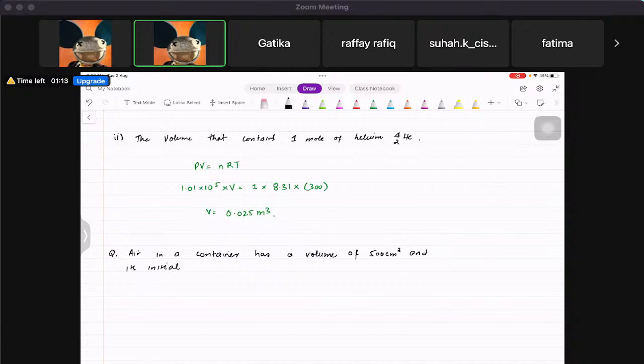So it says a container has a volume of 500 centimeter cube and its initial pressure is 98% of 1 atm, which is basically 1.01 times 10 raised to 5 pascals.